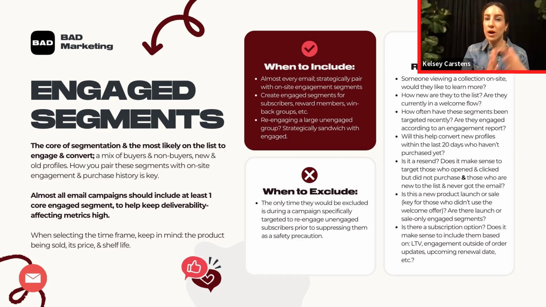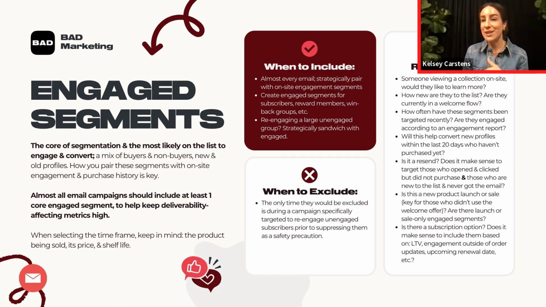We're going to do the same for on-site activity, but it breaks down further from both of those. So a buyer engaged with email, a buyer engaged on site, a non-buyer engaged with email, a non-buyer engaged on site, engaged subscribers, engaged cancel subscribers so that you know when to retarget them, engaged new profiles, people who have been on the list and are super engaged, but they still haven't purchased.